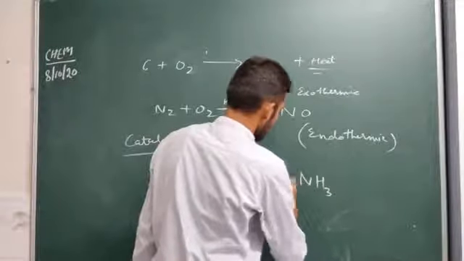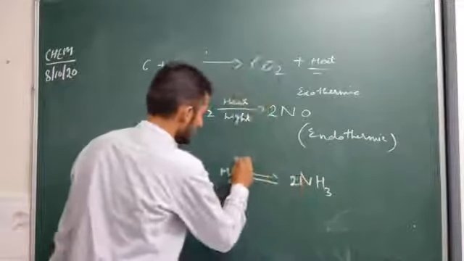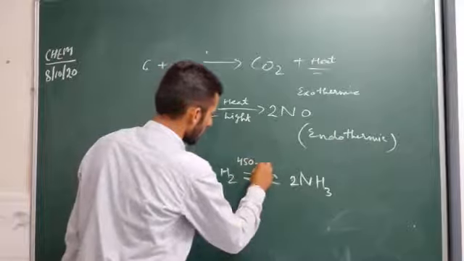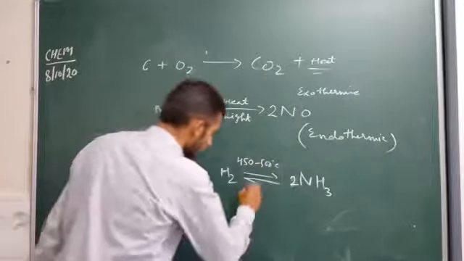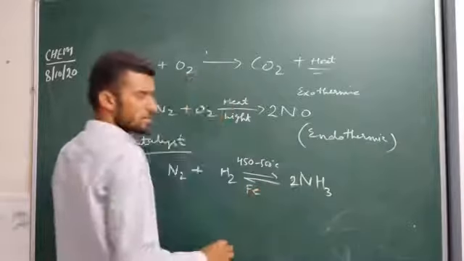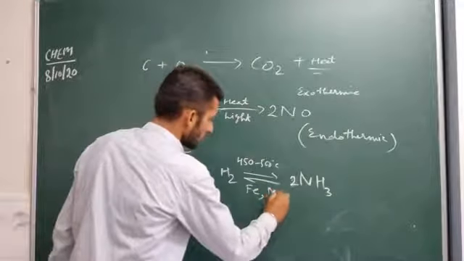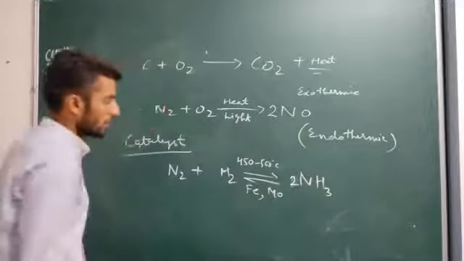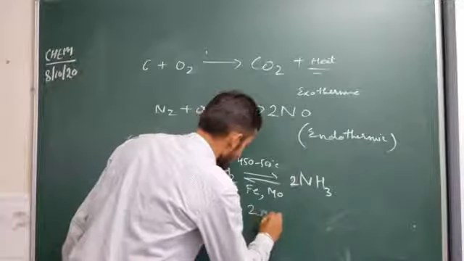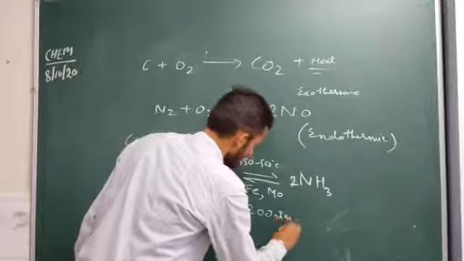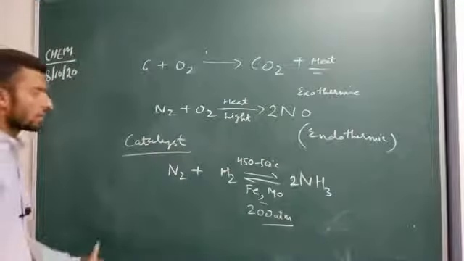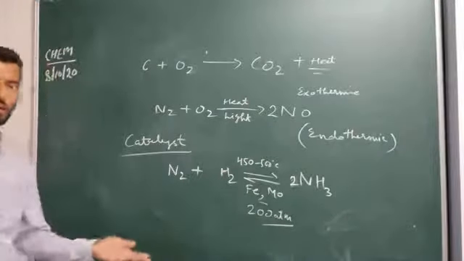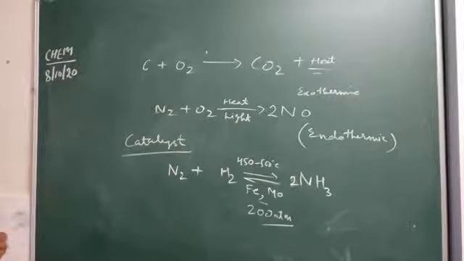The formation of ammonia is only possible if the temperature is maintained between 400 to 500 degrees Celsius. Iron is used as a catalyst, molybdenum is used as a promoter, and the pressure is maintained up to 200 atmospheres. So all these particulars convey information about the particular chemical equation.